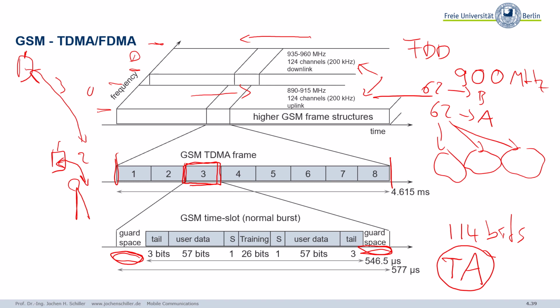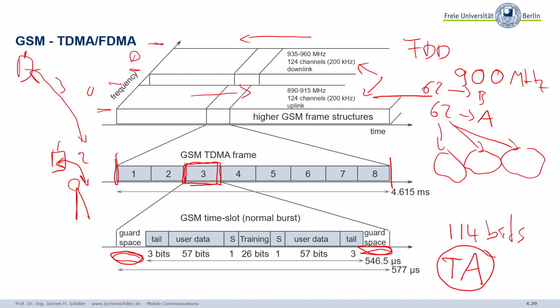So you separate users by using this TDMA frame with its 8 time slots, and you assign a certain time slot to a user. You need guard spaces, well, to adjust for smaller fluctuations in the distance between mobile station and BTS.